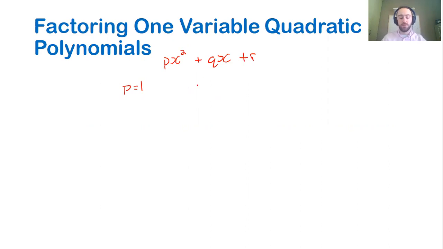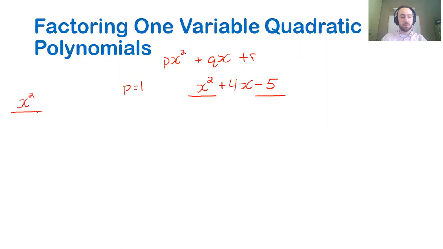So for an example, like x squared plus 4x minus 5, p is equal to 1, so we just have x squared. For the cross method, what we do is we write down all our factors of our first term and all our factors of our last term. So let's go ahead and do that on the side here.